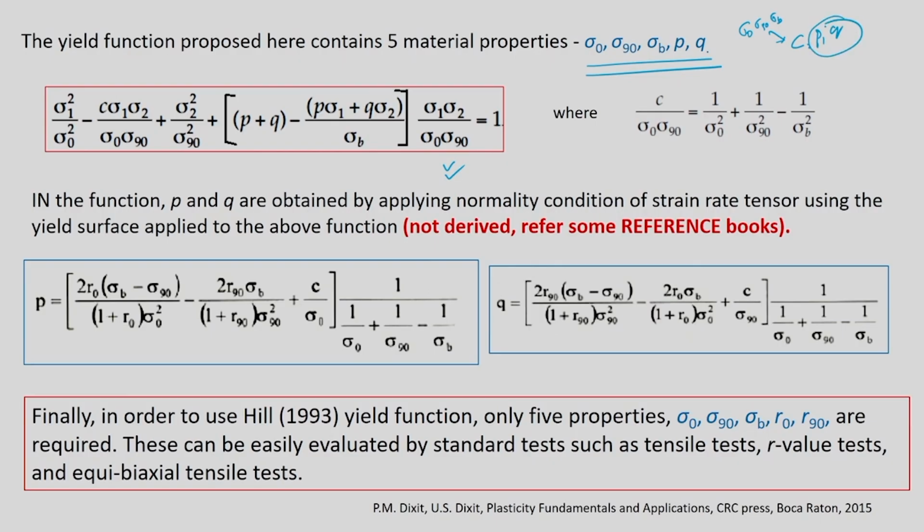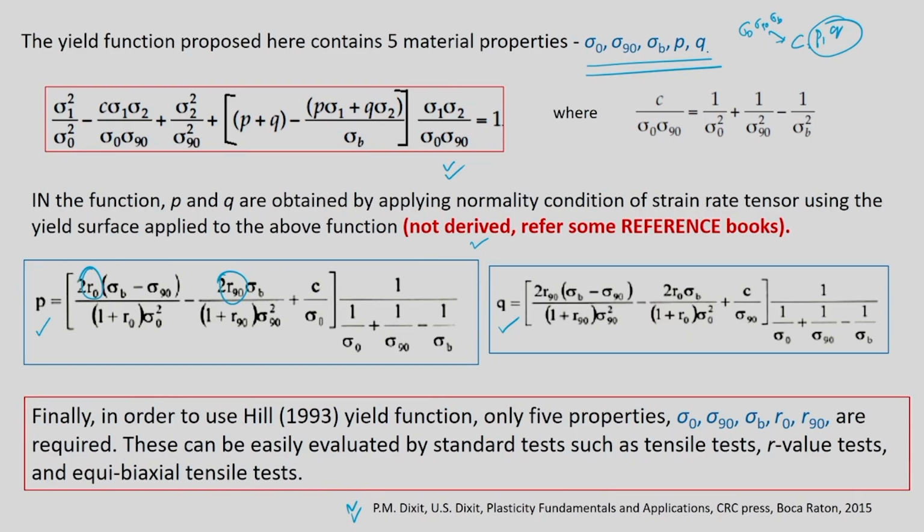There is a big derivation available for this, which I am not deriving here; please refer to a reference book. I have also indicated a reference book here. Look into it, and finally you will get the simple P and Q equations, which are functions of the already known values R0 and R90.